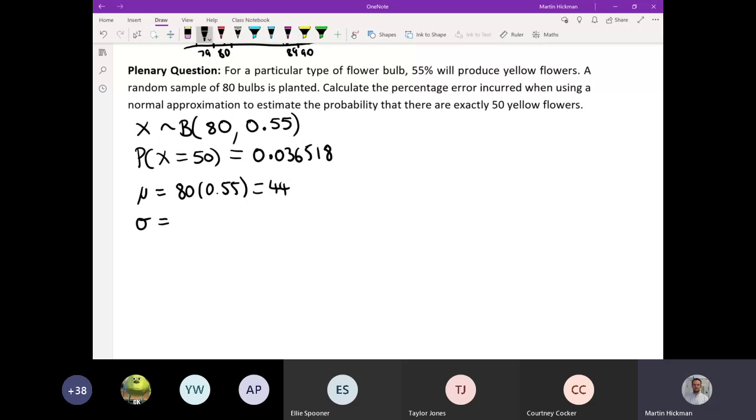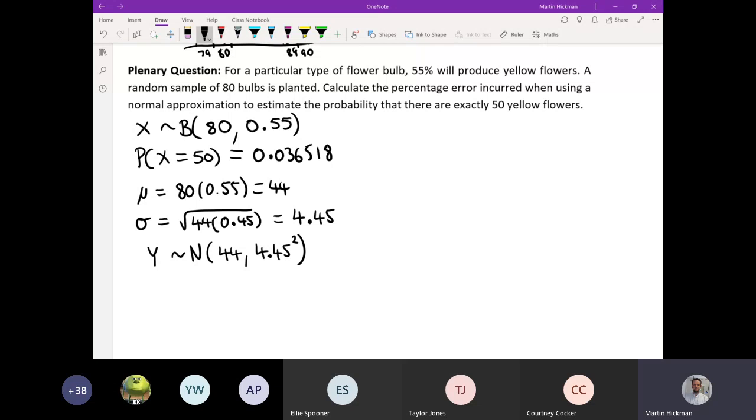For standard deviation, we do np, so that's 44, times 1 minus p, 1 minus 0.55, so 0.45, and then square root it, and I get 4.45 when I do so. So this means my normal distribution is going to be a mean of 44 and a variance of 4.45 squared.